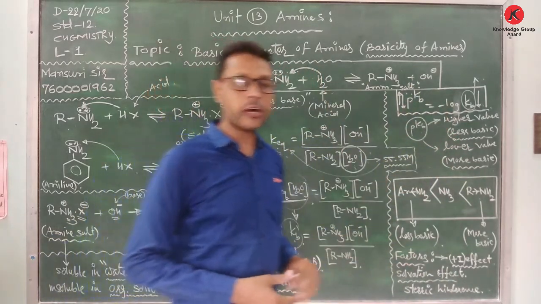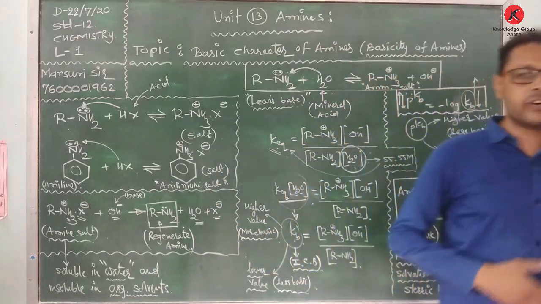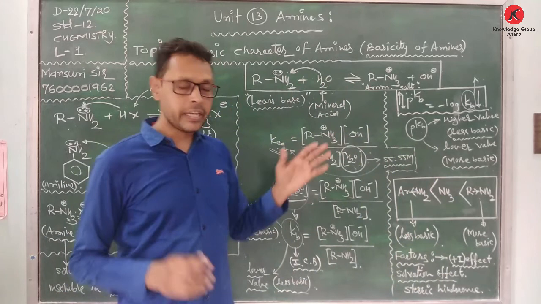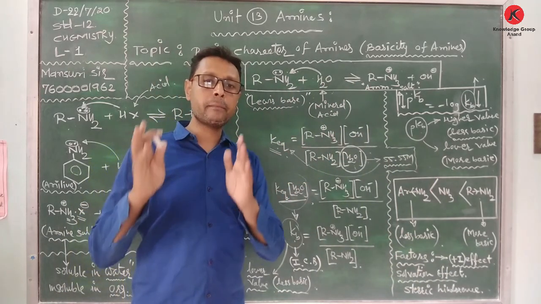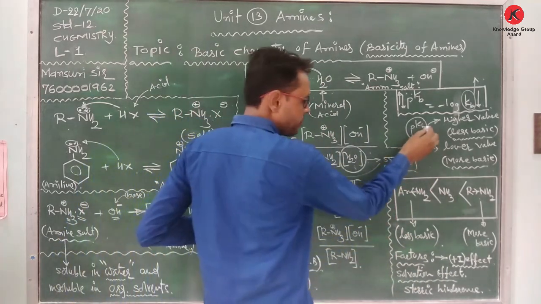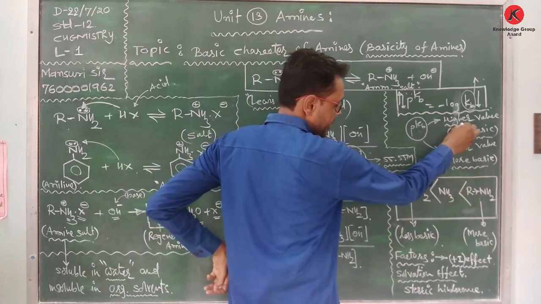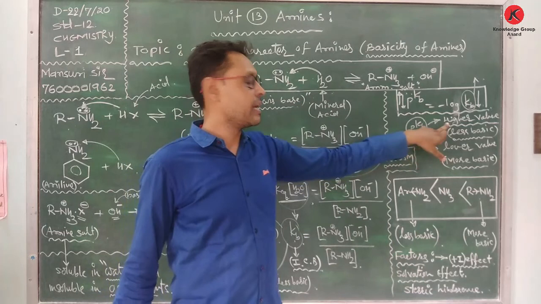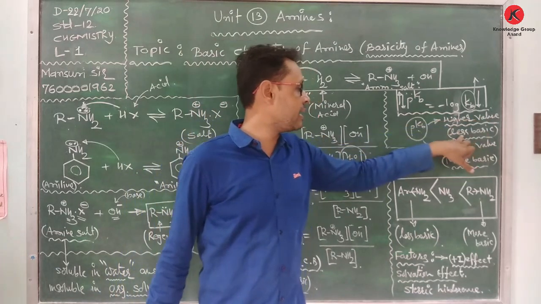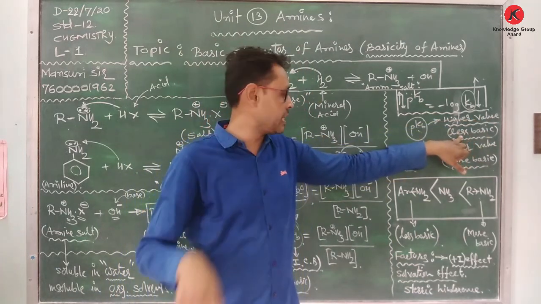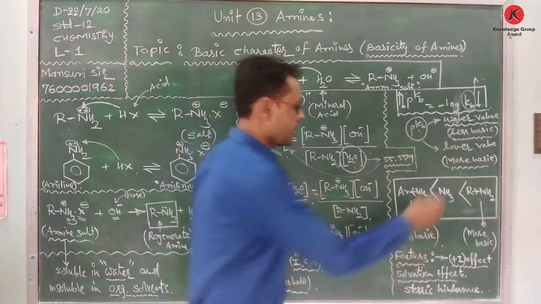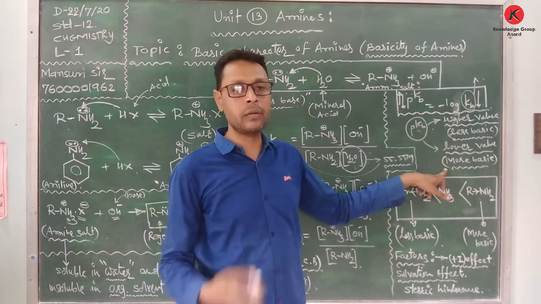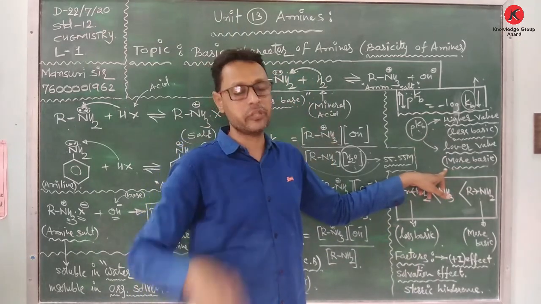So there is an inverse relation of Kb and pKb. If pKb has a higher value, then it will be less basic, and if pKb has a lower value, then the substance will be more basic in nature.